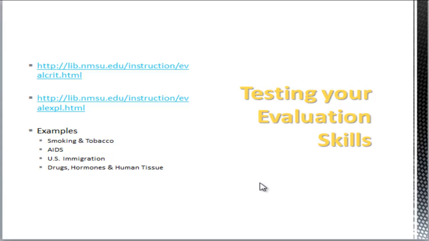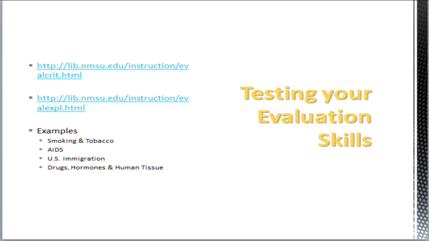Let's put your new skills to the test. Go to the evaluation criteria at the first link on the slide. Work your way through some of the links included at the site. When you feel ready, go to the second link on the slide and select one of the topics: smoking and tobacco, AIDS, U.S. immigration, drugs, hormones, and human tissues.